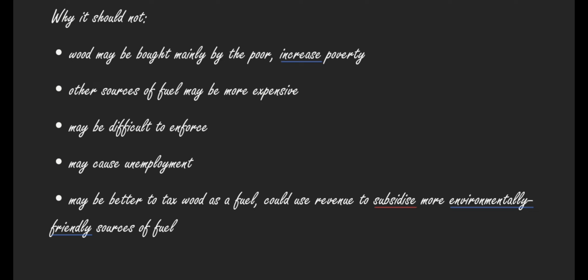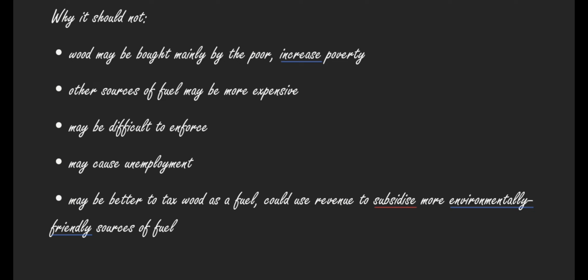So if the government imposes a rule that the country cannot use wood anymore for burning, then the poor cannot buy any other sources of energy rather than burning the wood. Hence, this will increase poverty.